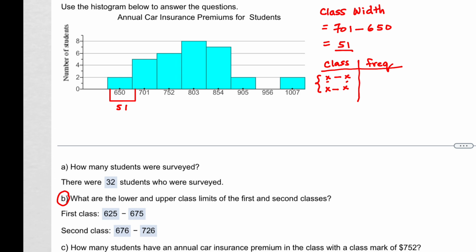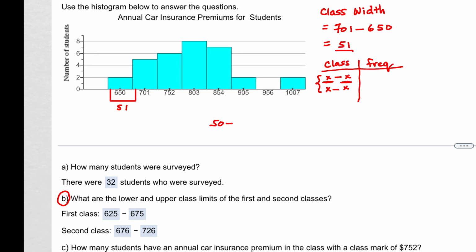So how do we figure this out? I'm going to take the class width, which is 51, and subtract 1 from that. So that means that we have 50. That's going to be the difference between our lower class limit and our upper class limit for each class. So if 50 is the difference, I take 50 divided by 2, and that gives me 25.